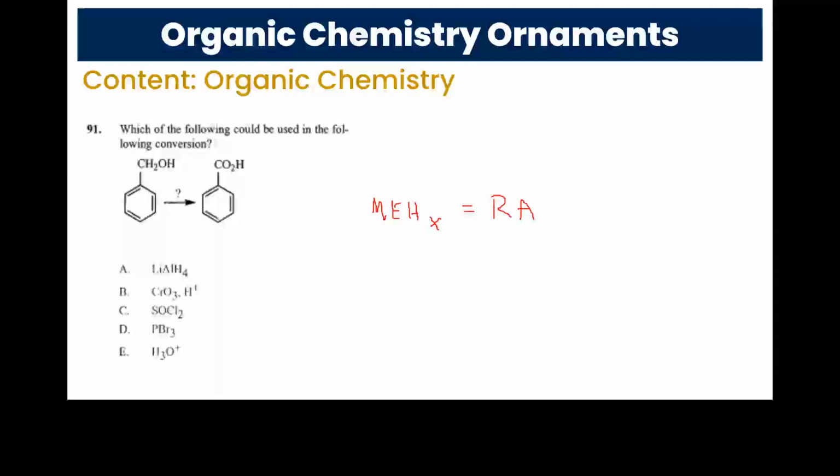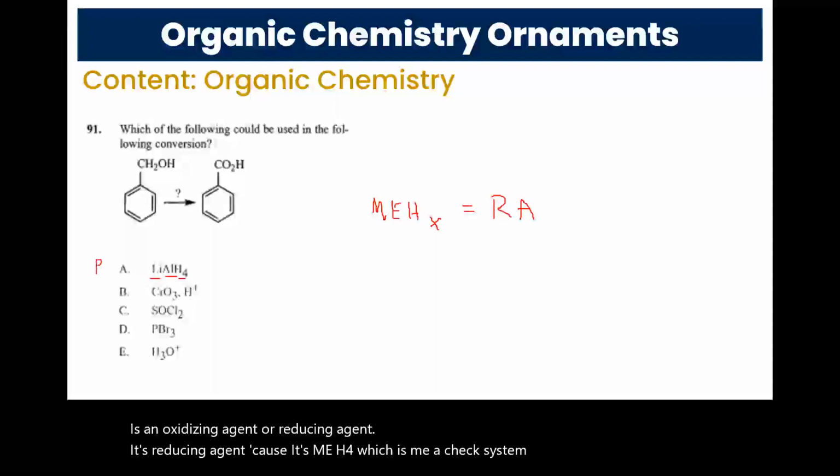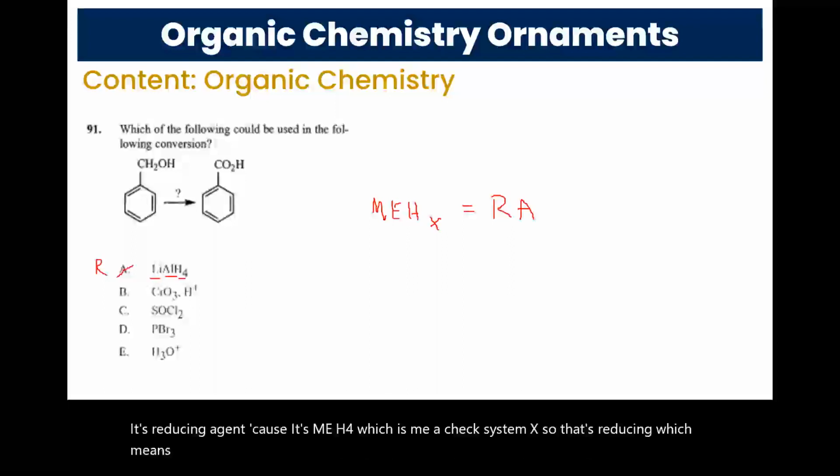Is A an oxidizing agent or a reducing agent? It's a reducing agent because it's MEH4, which is MEHX. It's a MEHX. So that's reducing, which means it's not a good answer.